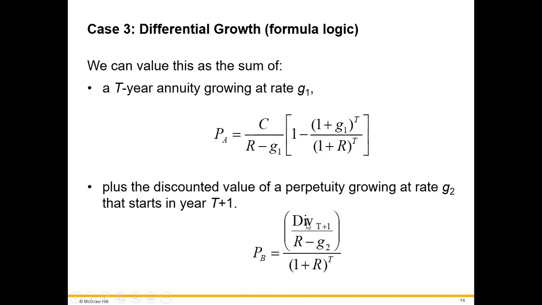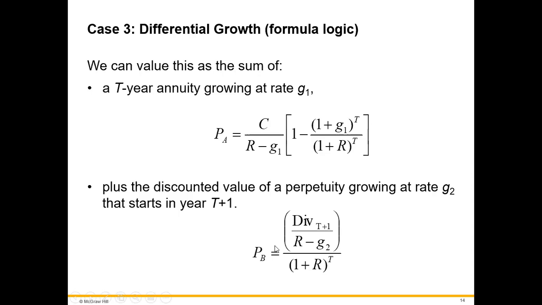We're going to take the dividend at the point where growth rate 1 stopped, and determine the next dividend, divided by your market rate of return minus the growth rate 2. That's going to go into perpetuity. Divide that by 1 plus the required rate of return to the T power, and that was your first growth rate time period. That's always that time period.